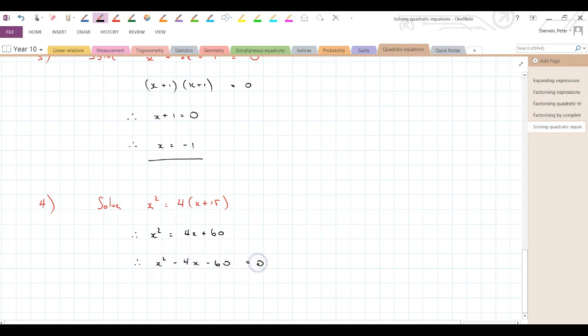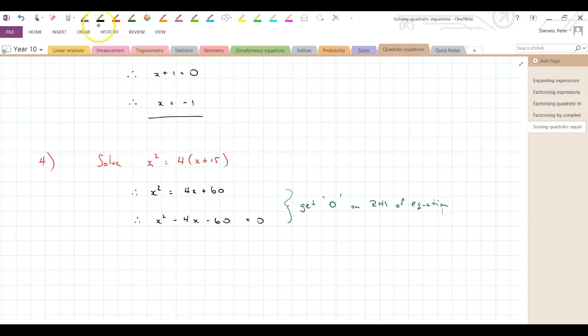Now I'm in business. So the note here is to get 0 on the right-hand side of the equation. That's got to be done first.